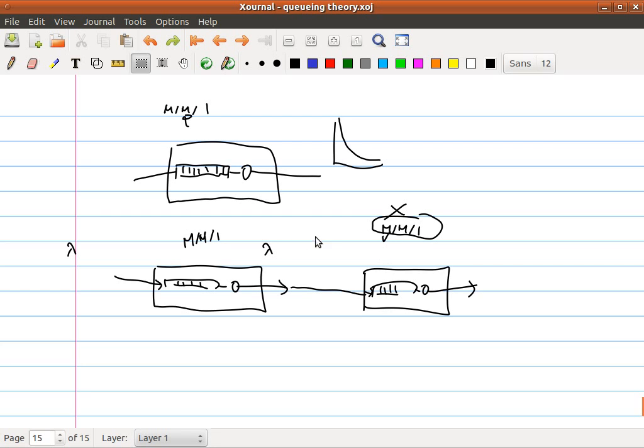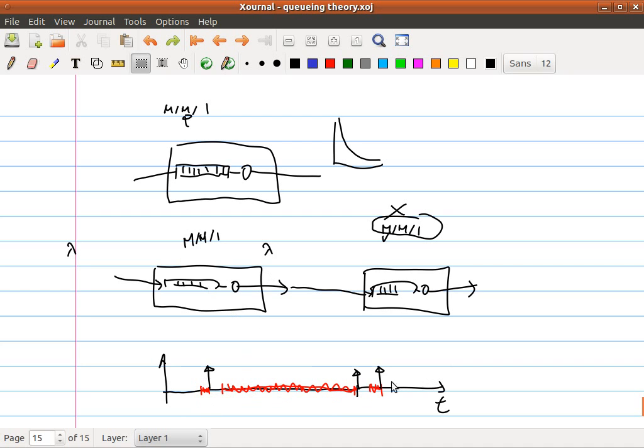So the first M is okay, but the problem is the second M. The packets will still have lengths that are exponentially distributed, but the problem is that the lengths are no longer independent of the arrival statistics. Let's take an example. We have a couple of packets getting through the first server.